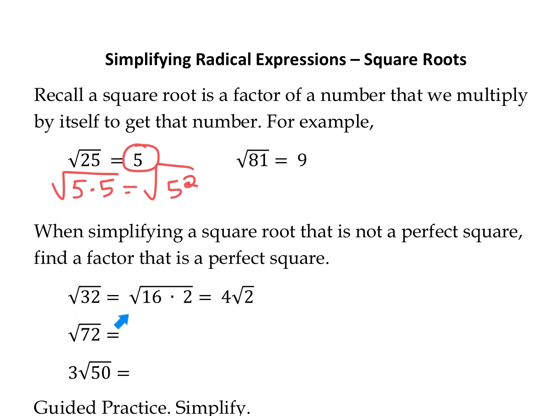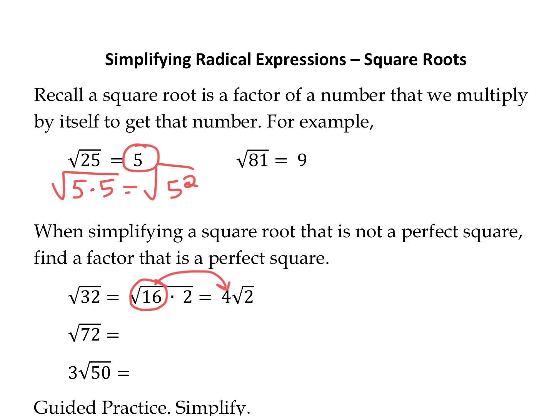So for instance, 32 can be written as 16 times 2. So the square root of 16 times 2, and we know the square root of 16. So the square root of 16 would give us this 4 that's out in front of the radical. And then 2 stays inside the radical. We can't simplify the square root of 2 any further, so 4 square root of 2 would be our simplified form for the square root of 32.